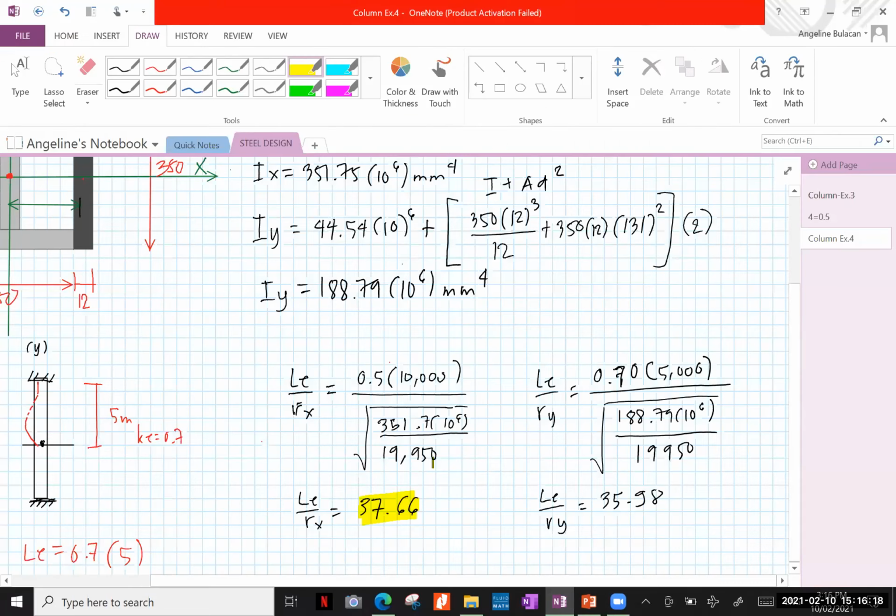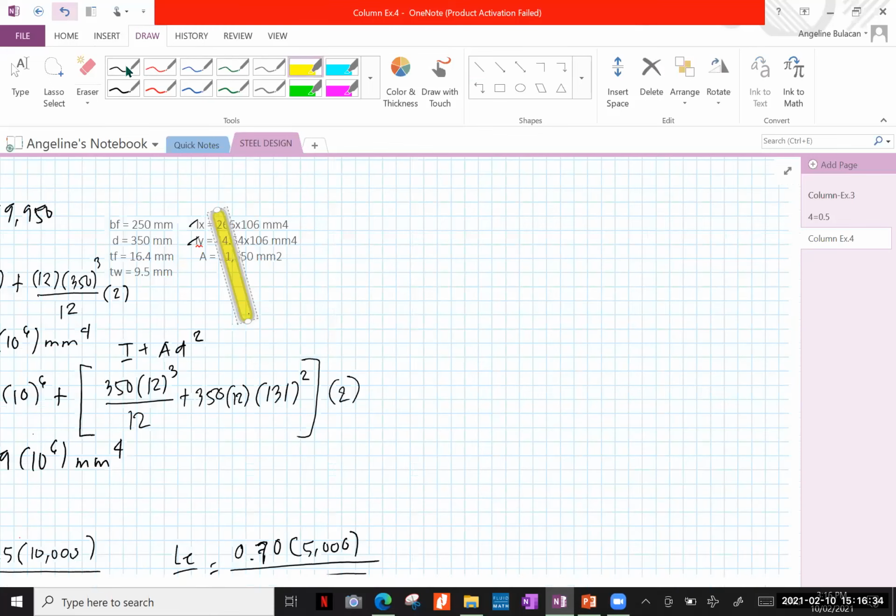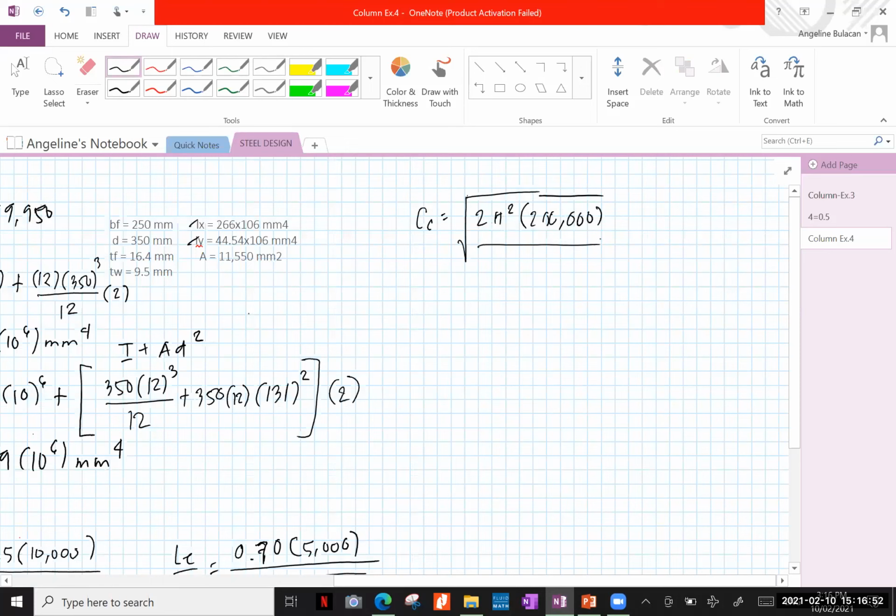So, di ba, after this, same lang yung gagawin natin. We will compute for your CC. So, compute tuloy natin. CC is equal to square root of 2 pi squared, your E is 200,000, all over Fy, which is 248.